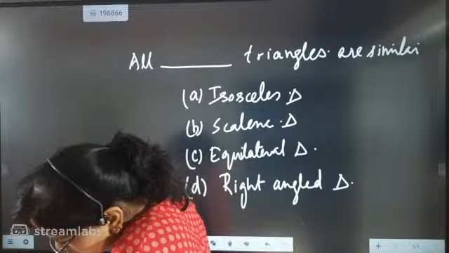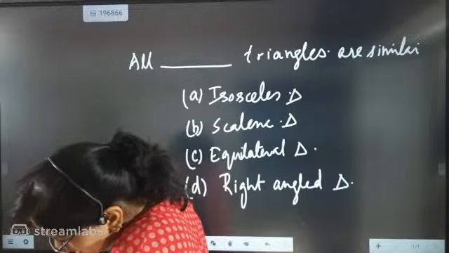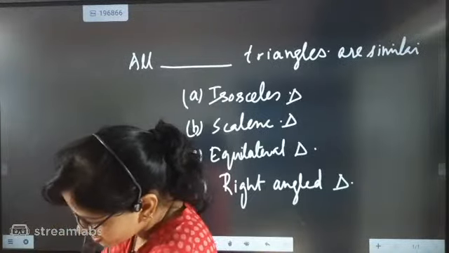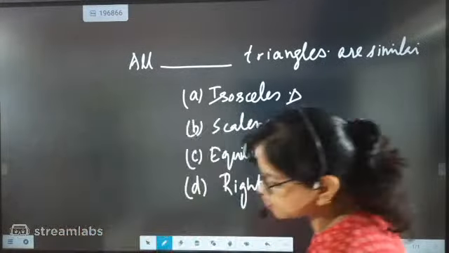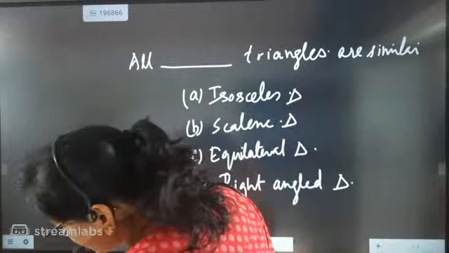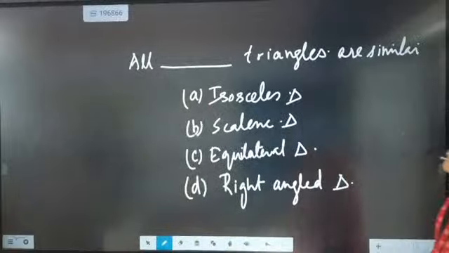Everyone is telling the option is exactly C. Very good, beta, super. So that is exactly the equilateral triangle. Why, beta?